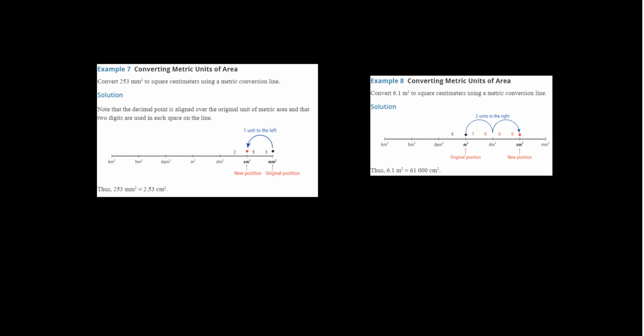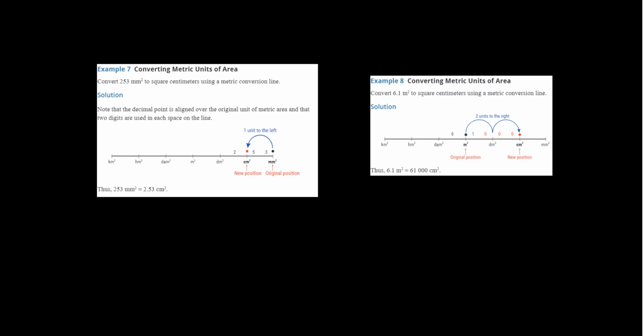Converting metric units of area. If we want to convert 253 square millimeters to square centimeters using the metric conversion line, we're going from millimeters to centimeters, only 1 to the left, so you move the decimal 1 unit to the left.